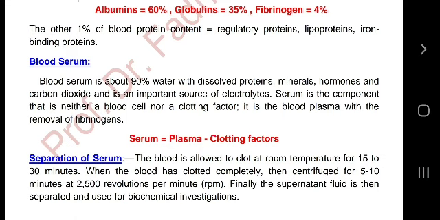It is the plasma with the removal of fibrinogen. إذن الفرق ما بين البلازما عن الserum هو وجود الكلوتينج factors or the fibrinogen. Or in general, serum is equal to plasma minus clotting factor كما يلاحظ في المعادلة باللون الأحمر.